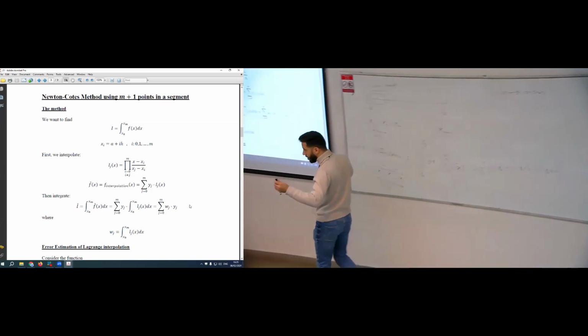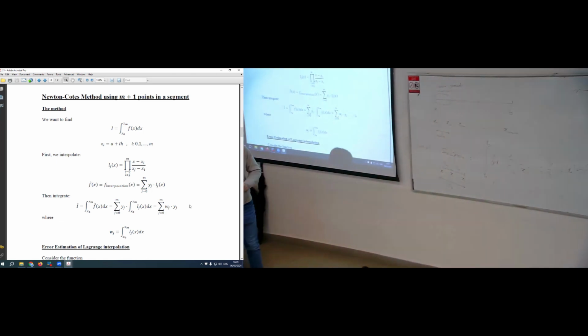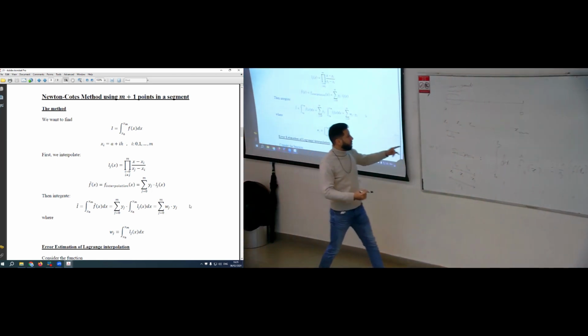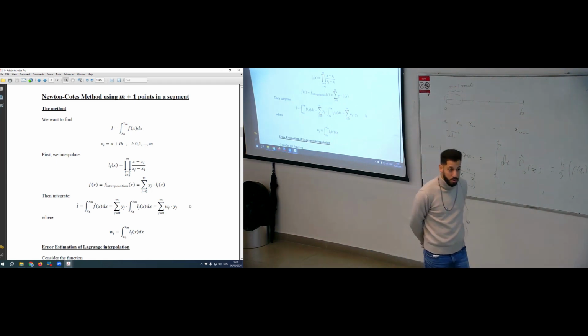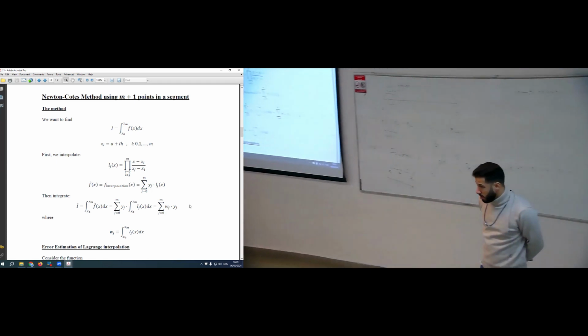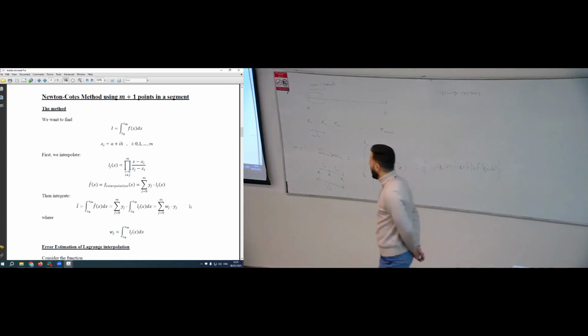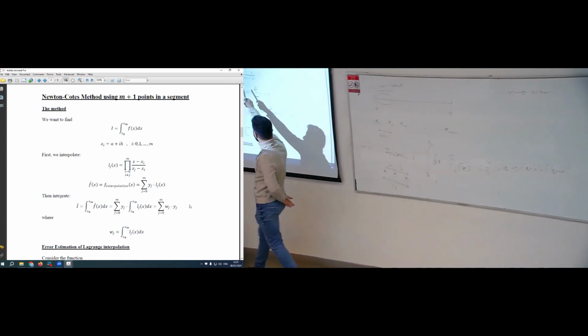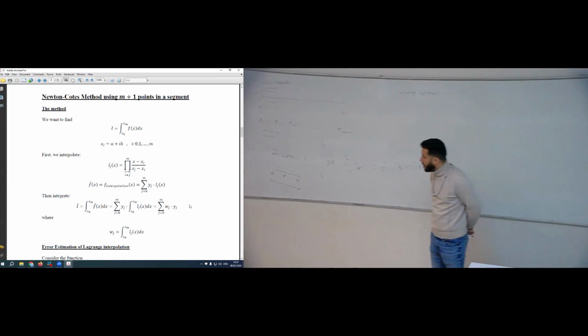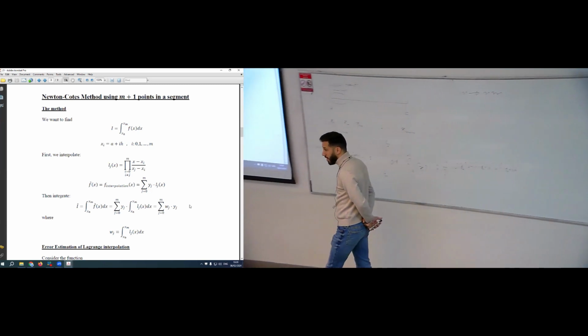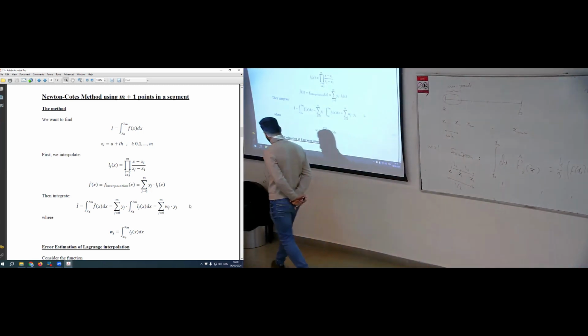And with a general M, what's our method? We interpolate the function with these M plus 1 points. It will be a polynomial of order what? Order M. And that's how we build it. We build these L_j of x, where each L_j of x is a polynomial of order M that equals 1 at x_j and equals 0 at every x_i which is not x_j.